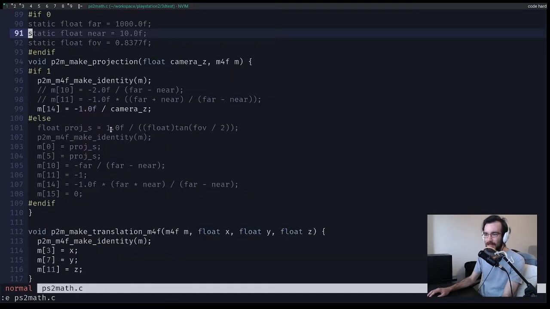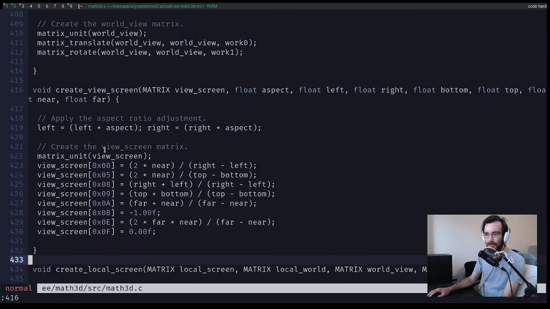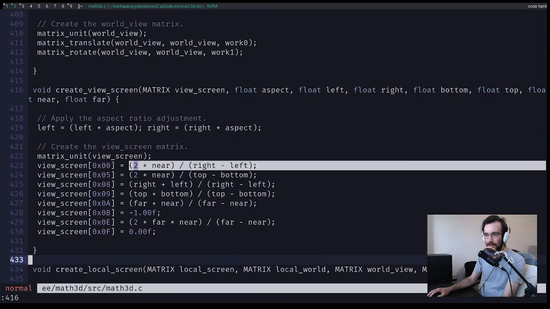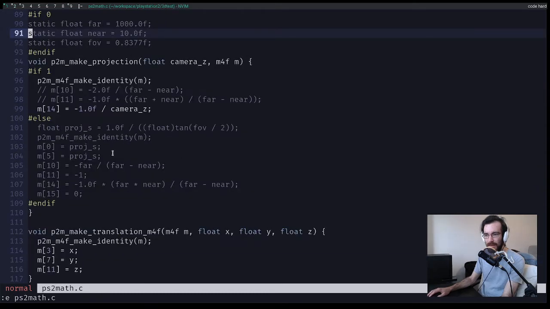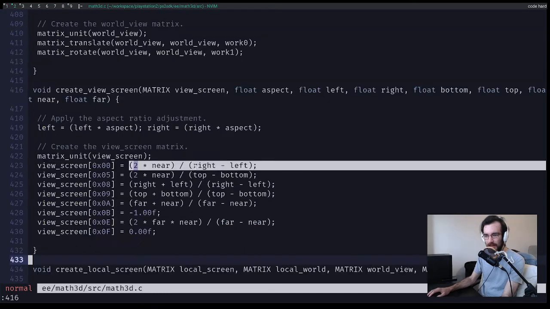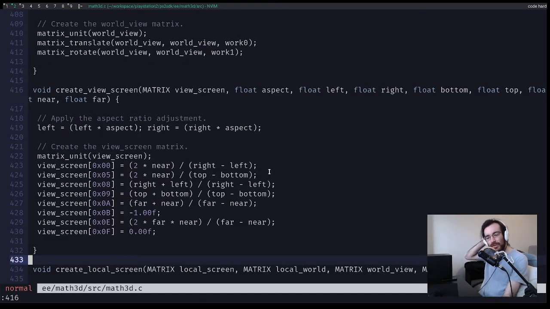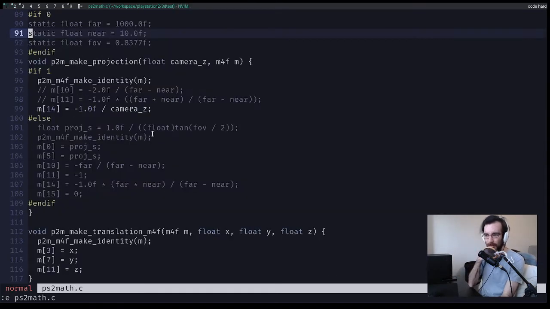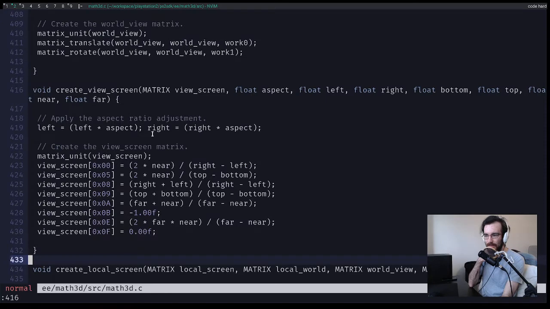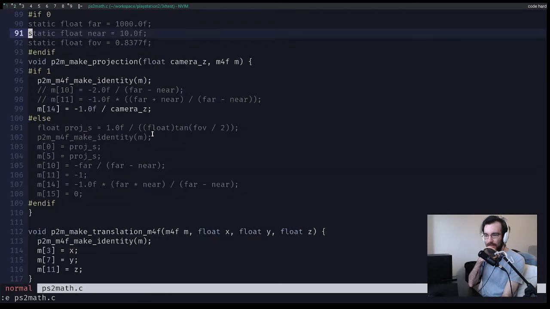Proj S. This is to do with your field of view. So this is calculating field of view as 2 times near over... Interesting. So this is literally calculating field of view by the relationship between your left, right, top, and bottom. Then -1, -4 over 5.